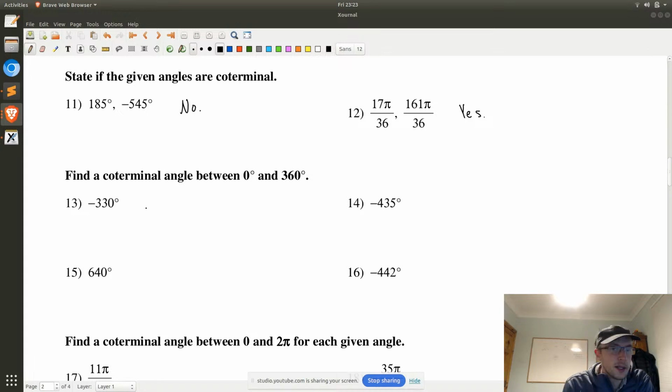So isn't it just simply 30 degrees? Yeah. Negative 435. So that would be an extra 75. So the coterminal angle is, so why is it not 75 itself? I think it is.